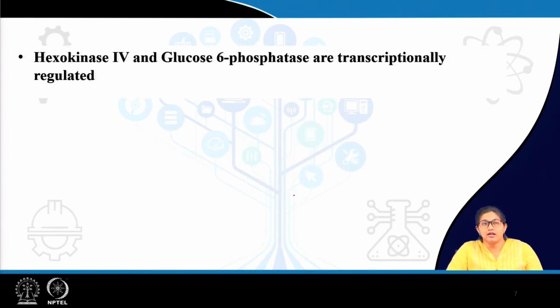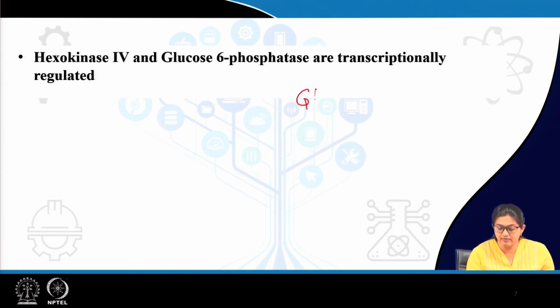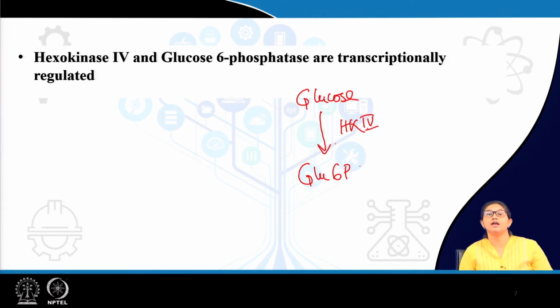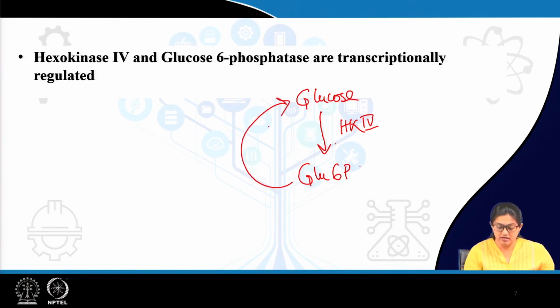Then hexokinase 4 and glucose 6 phosphatase are transcriptionally regulated. Now, if you remember again, in glycolysis, hexokinase 4 is converting glucose to glucose 6-phosphate, whereas in gluconeogenesis, formation of glucose from glucose 6-phosphate is done by glucose 6 phosphatase.